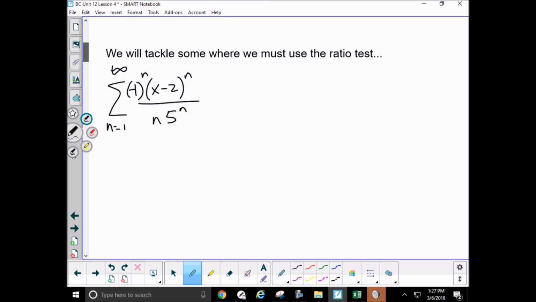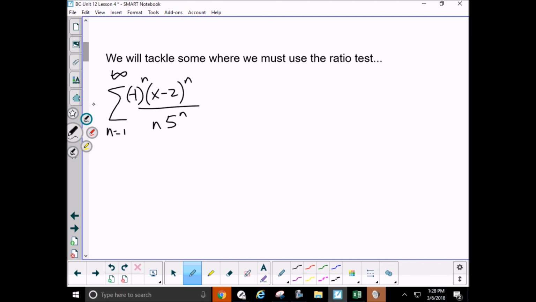We're going to have to use the ratio test to set up an inequality. So we're going to say, this is going to converge when the limit as n approaches infinity of a to the n plus 1 over a to the n is less than 1.